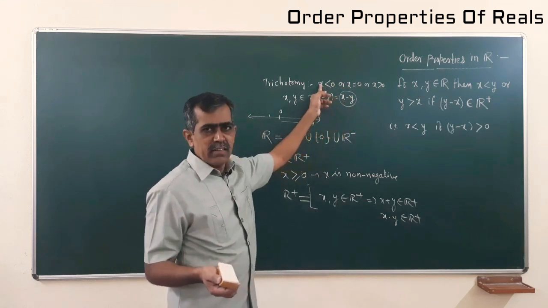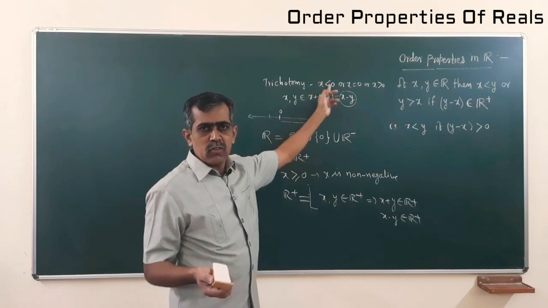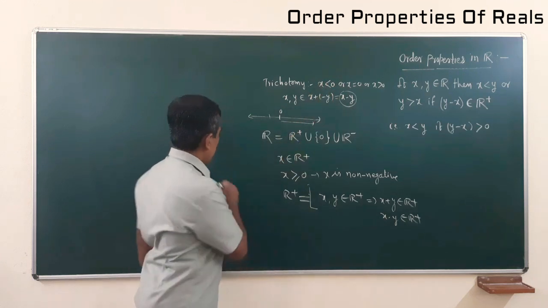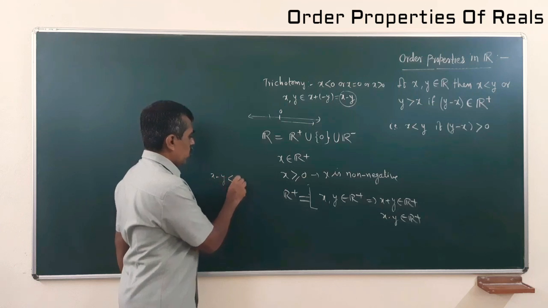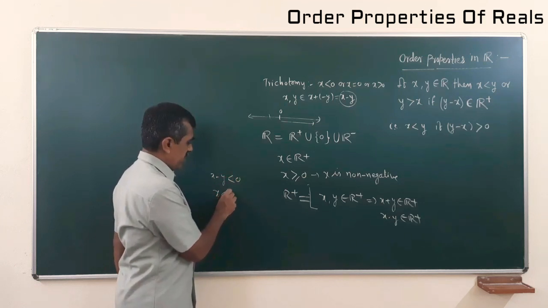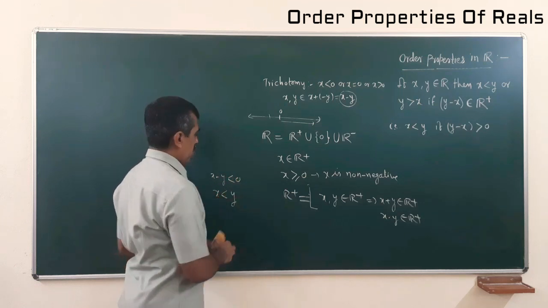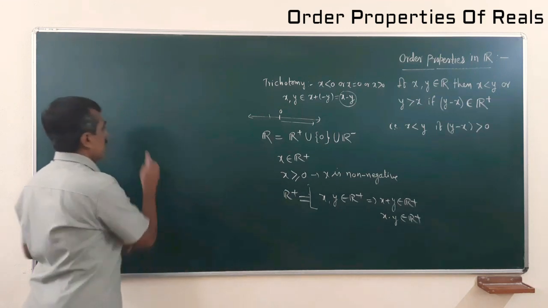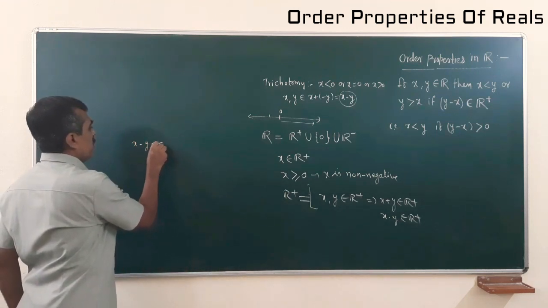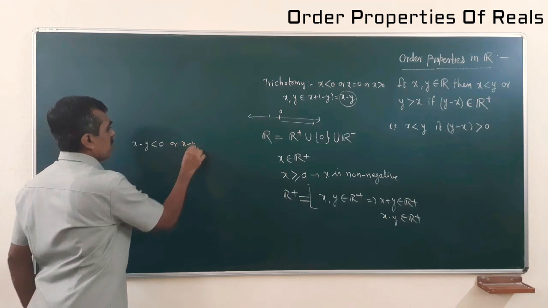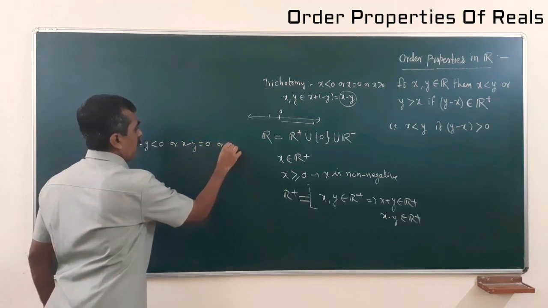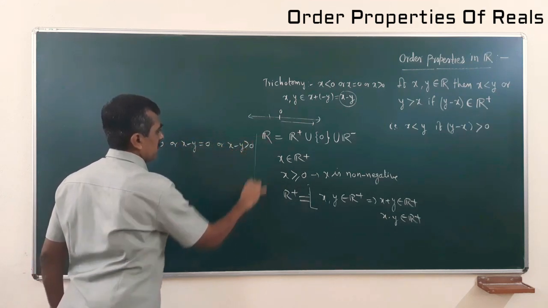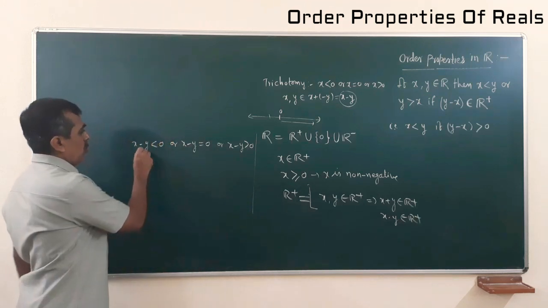Either x minus y less than 0 or x minus y equal to 0 or x minus y greater than 0. What does this mean?